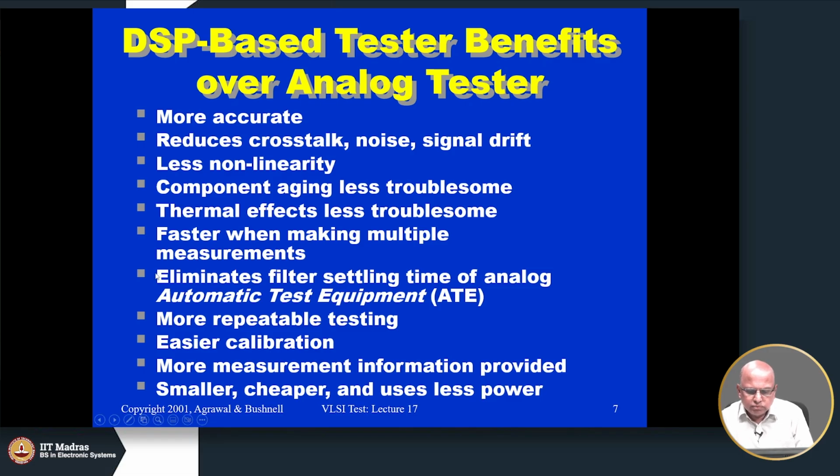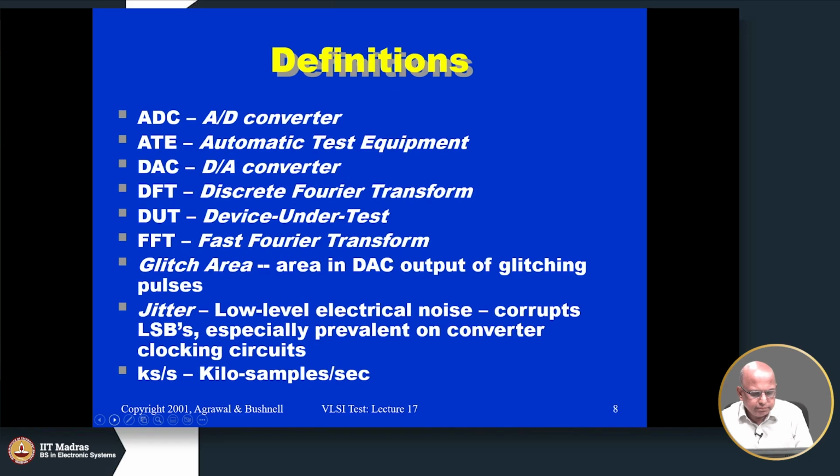Okay. So, here the word DFT stands for discrete Fourier transform. Unfortunately, DFT also means design for test, but in this context it means discrete Fourier transform.